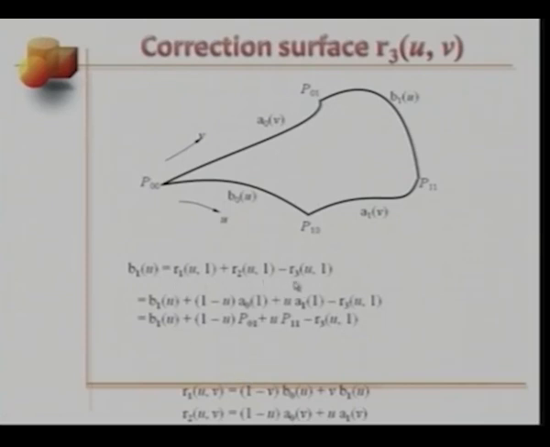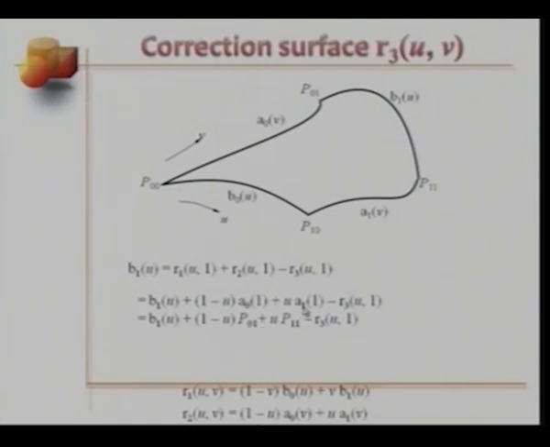So the right hand side can be solved as B1 of U plus 1 minus U times A0 of 1 plus U A1 of 1 minus R3(U,1). Look at what A0 for V equals 1 is. We are on this curve. For V equals 1, we are at point P01, which is this.